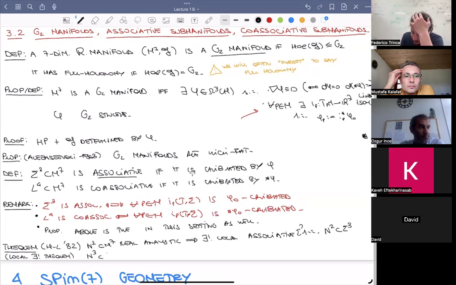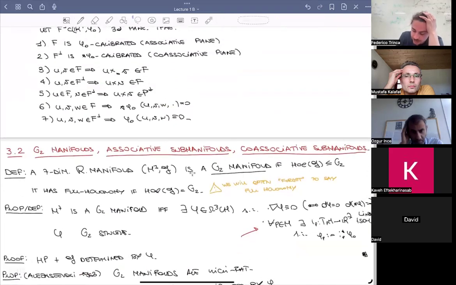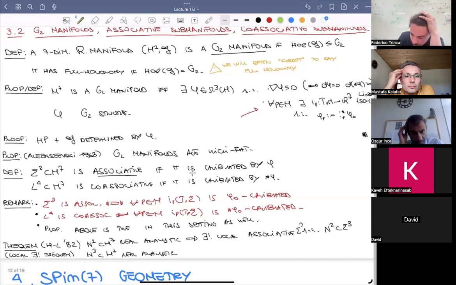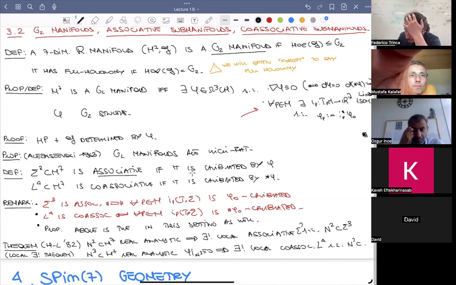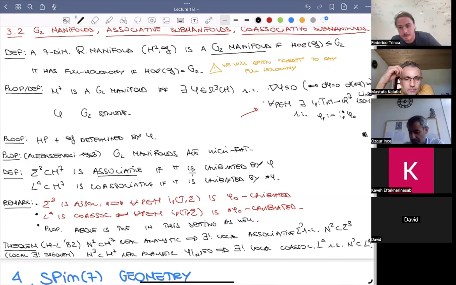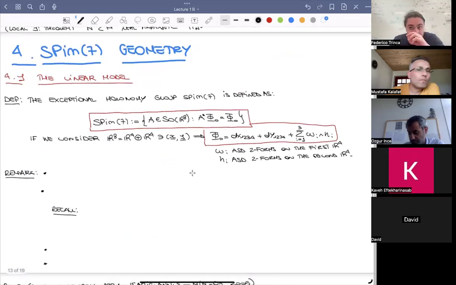And for N3 in M7, again real analytic, it cannot be generic because I have this condition here, which needs to be true for my three-dimensional submanifold: N3 real analytic such that phi restricted to N3 is identically equal to 0, then there exists a unique local co-associative L4 such that N3 is contained in L4.